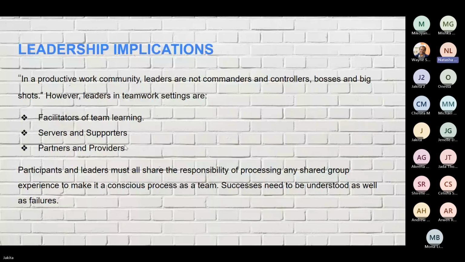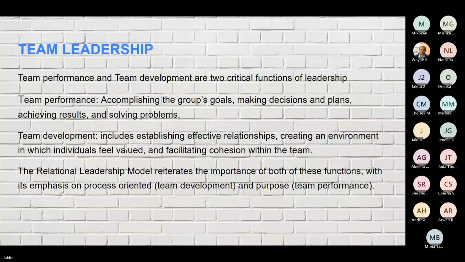So let's look now at team leadership. Team performance and team development are two critical functions of leadership. And what is team performance? Team performance is accomplishing the group's goals, making decisions and plans, achieving results, and solving problems.